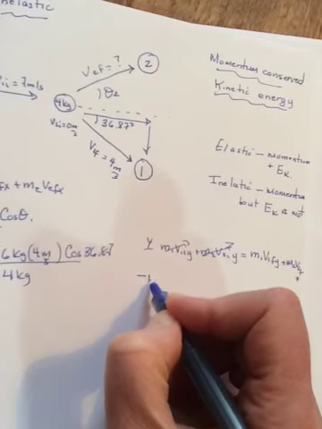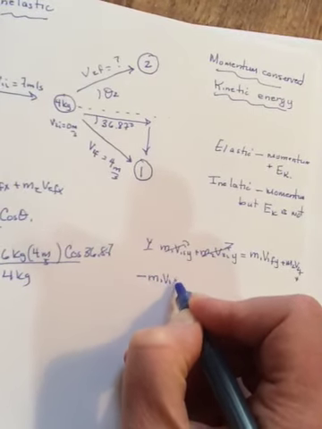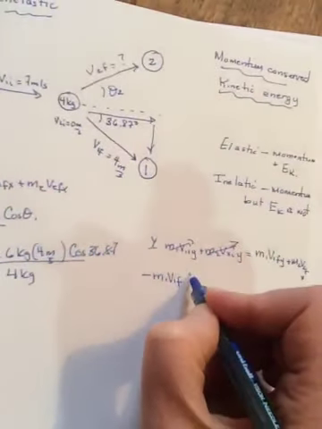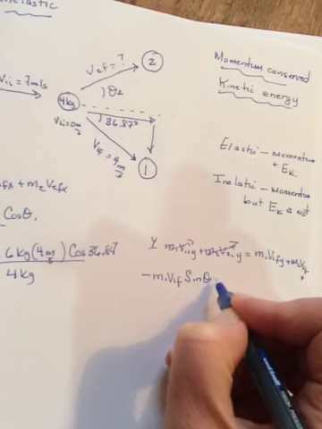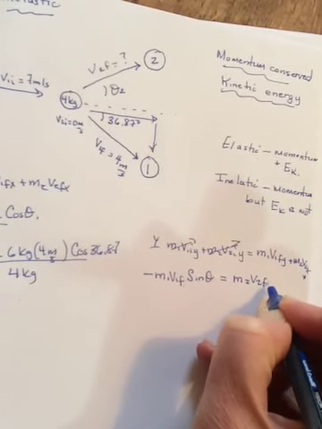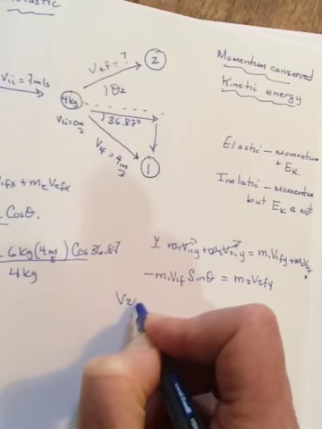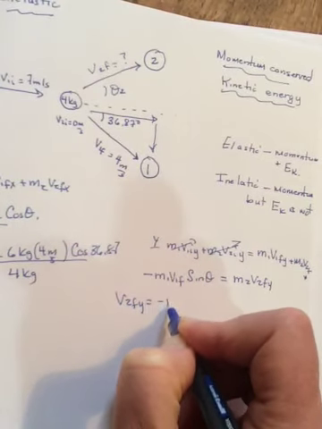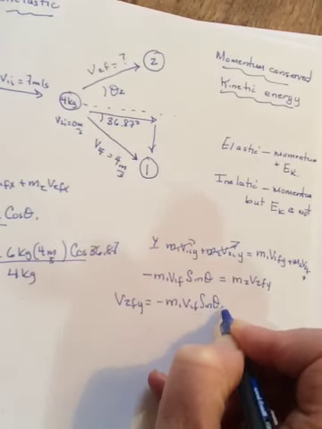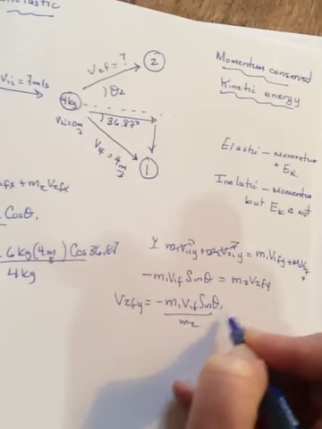So it'll become minus m1v1f, and it is the opposite side, so it's sine theta, equal to m2v2fy. So v2fy will equal negative m1v1f sine theta over m2.